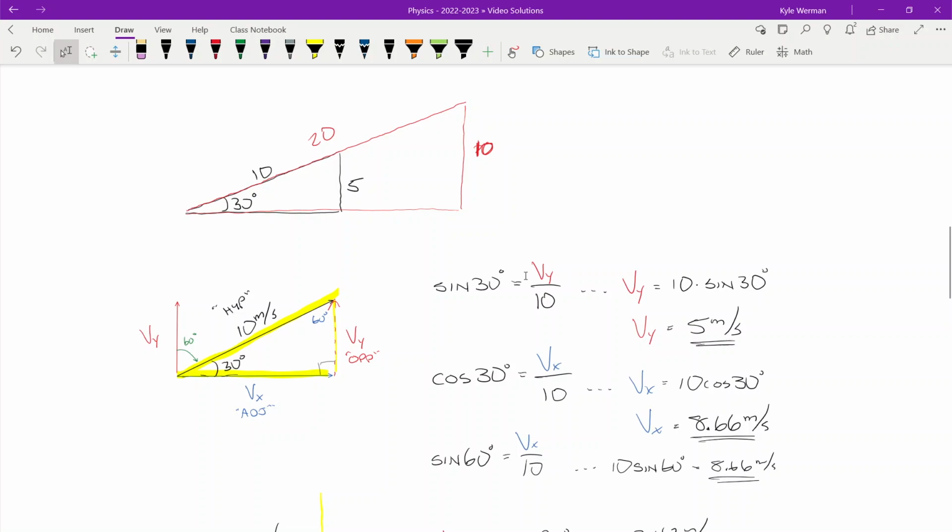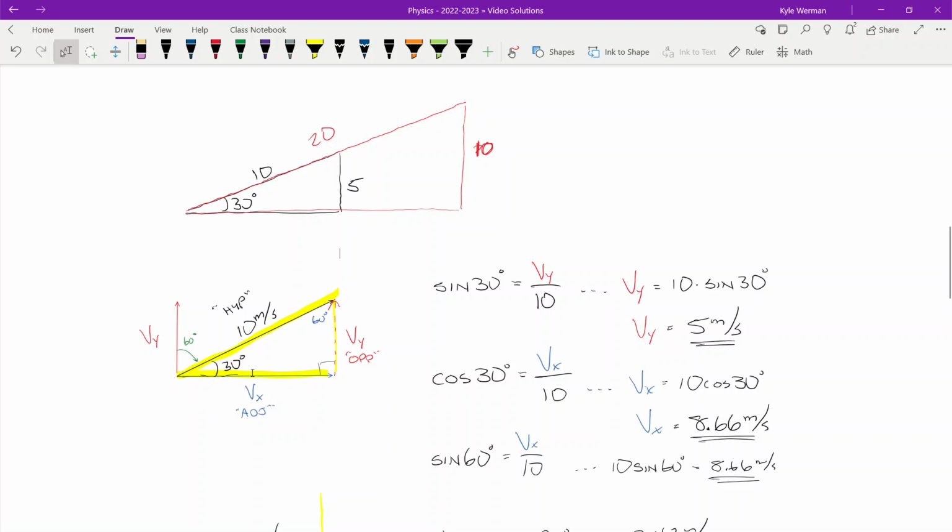In algebra, I would multiply both sides by 10 and find that Vy is equal to 10 times the sine of 30 degrees, and on your calculator you get 5 meters per second. The length of that arrow is 5, and that is a velocity vector arrow, so I would label it with meters per second. Now, the blue one is the adjacent side.